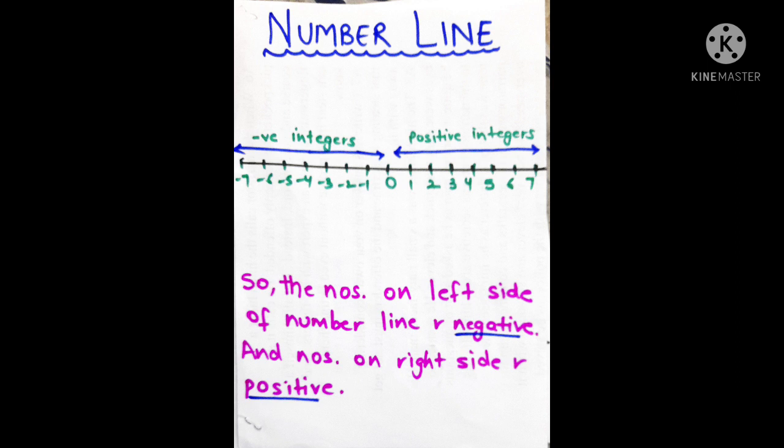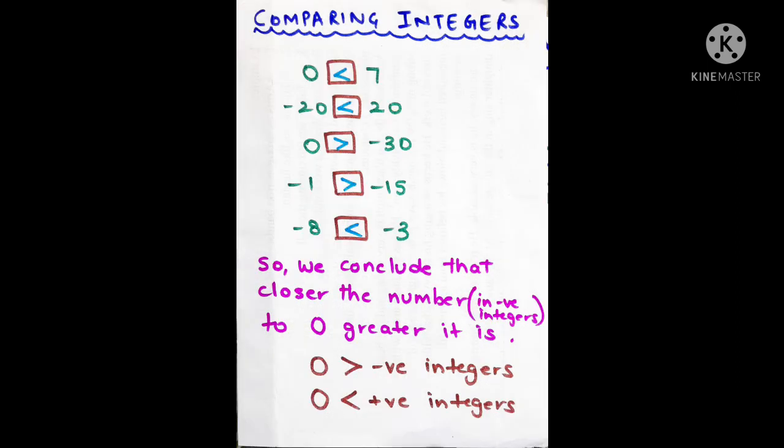If we compare 0 and 7, when there is no minus sign in front of the numbers, we conclude that these numbers are positive numbers. So when we compare 0 and 7, we say 7 is greater than 0. Next, when we compare -20 to 20, we say that plus 20 is greater than -20.